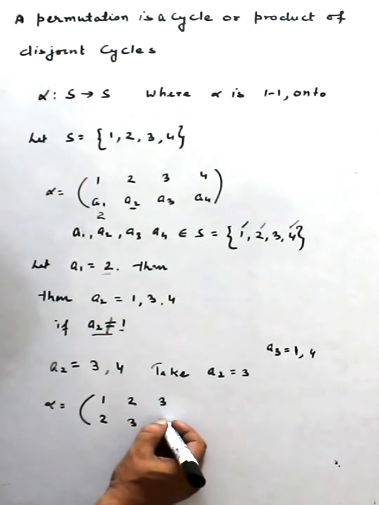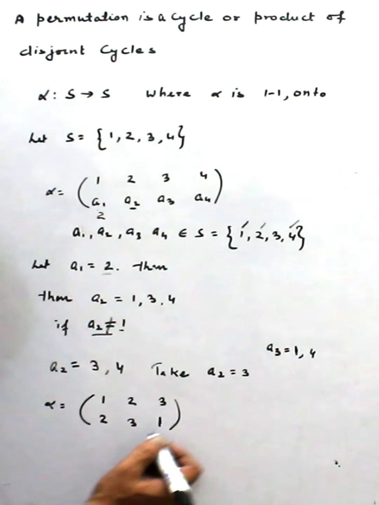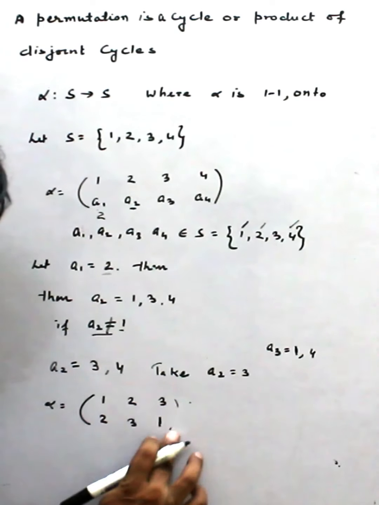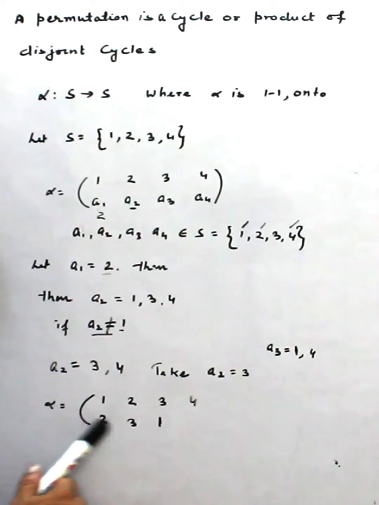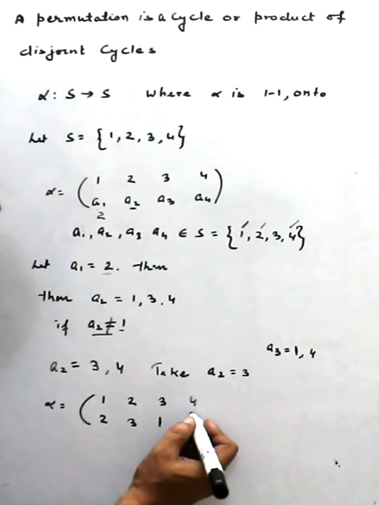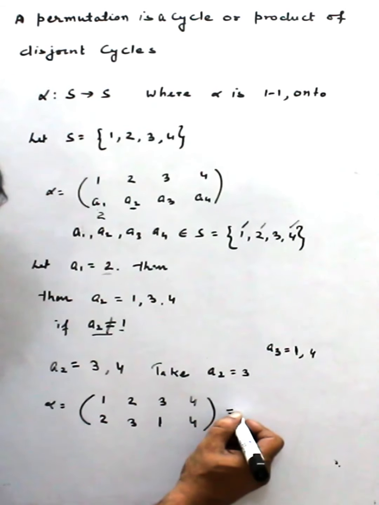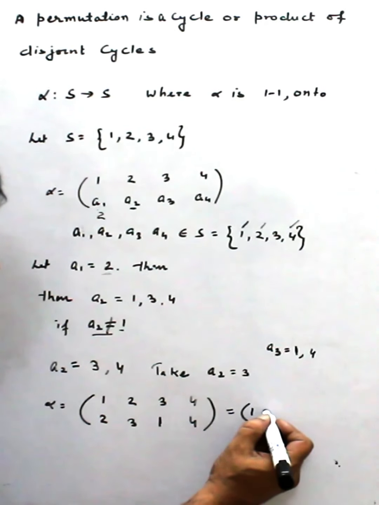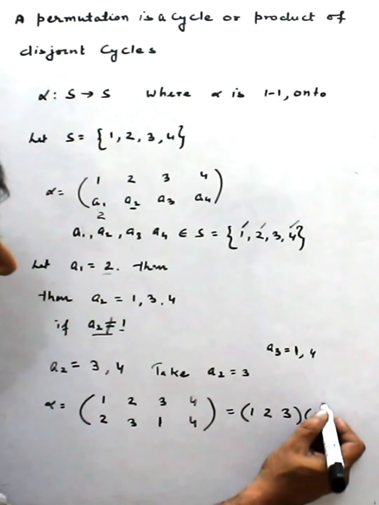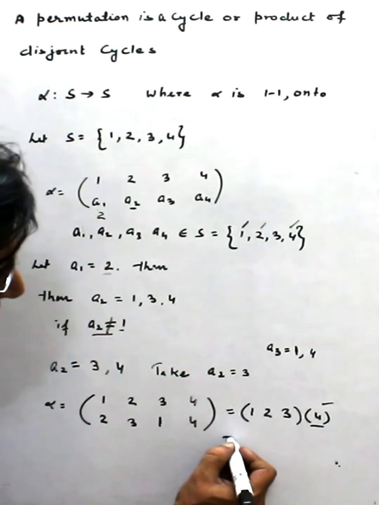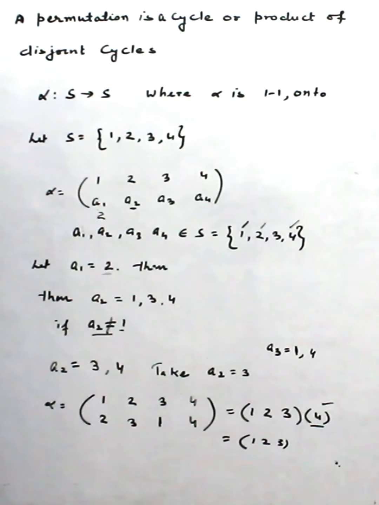If I take 1, then because the 3 element is already chosen, the possibility left for A4 is 4, and in this case it becomes 1 2 3 and 4, where 4 is fixed and is an identity, so we need not write it, and this becomes (1 2 3), which is a cycle.